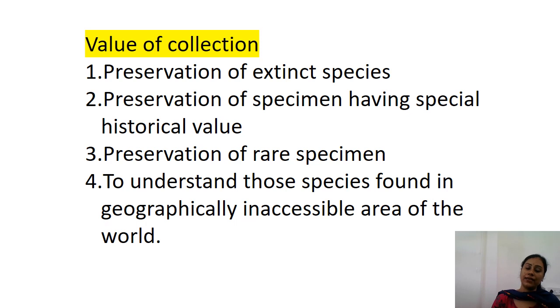So if taxonomists collect those species found in different continents of our world and preserve them in our museum, then it will be very helpful for our future generation to understand those species and for students to do particular research on taxonomy. So these are the main values of taxonomic collection.